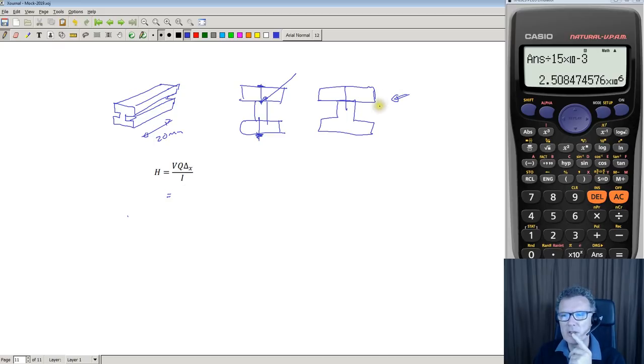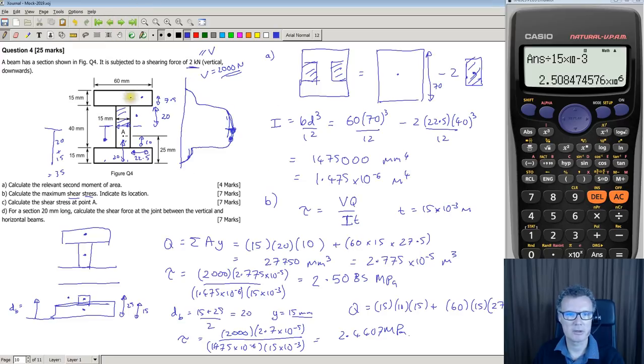So what I need to do is work out the Q for this top section. Okay, so Q, that's straightforward, Q is AY. Well, said that, made a mistake last time.